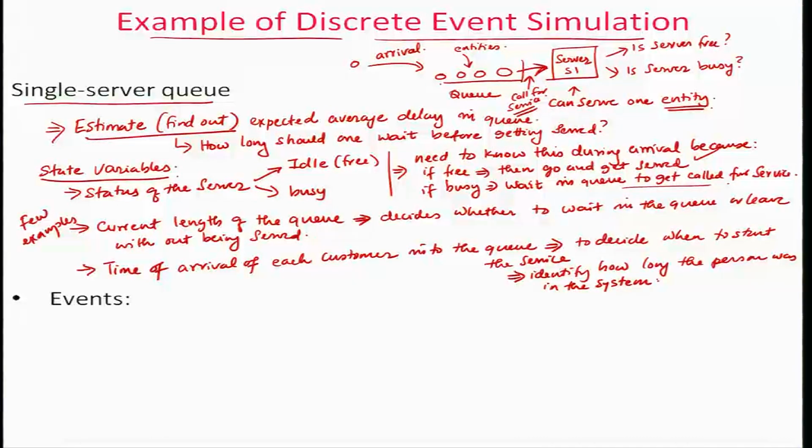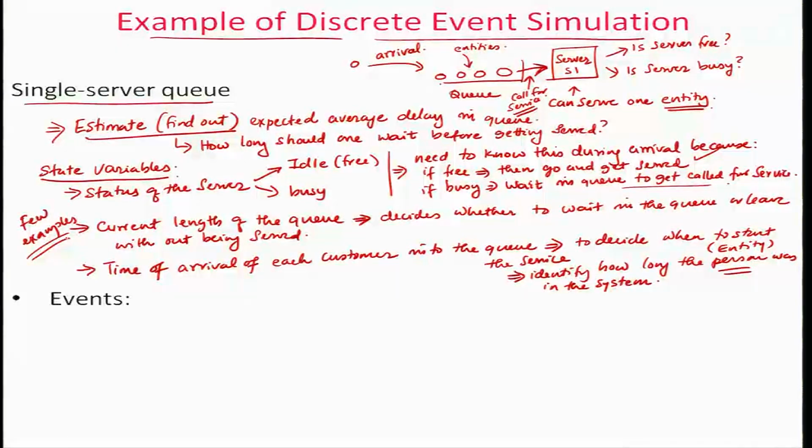You can think of a person as an entity. How long the person or the entity was in the system is another related aspect. So, these are a few examples of the state variables of the system that tell you how the system state behaves.